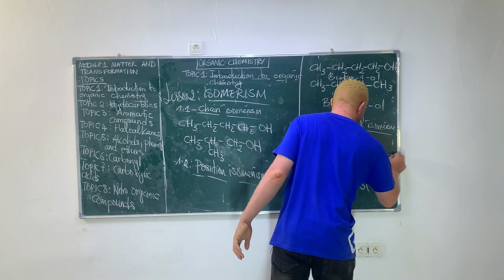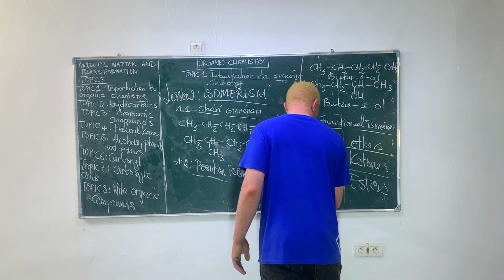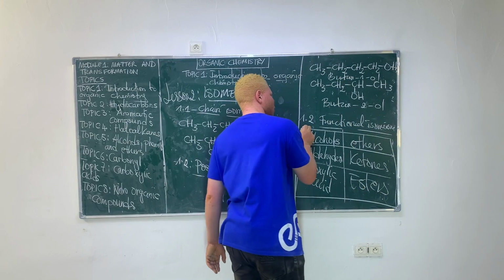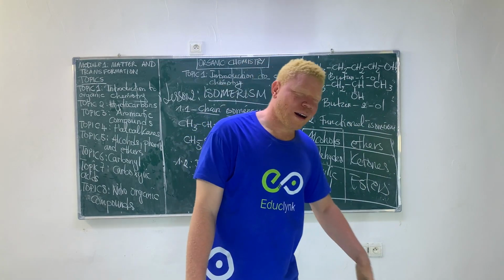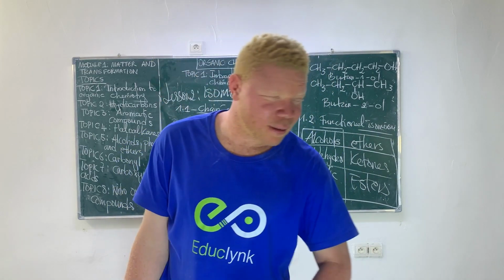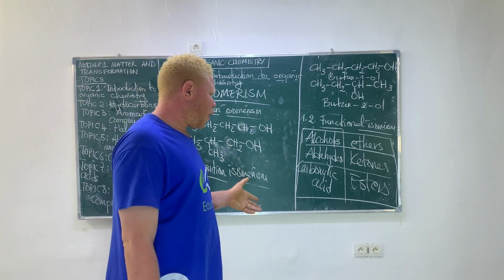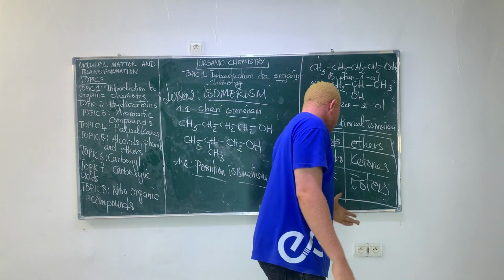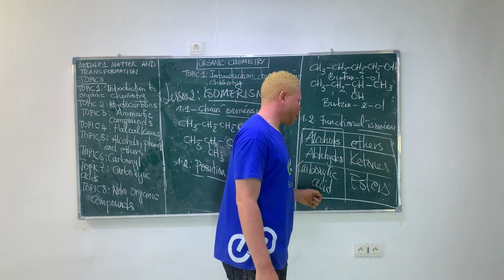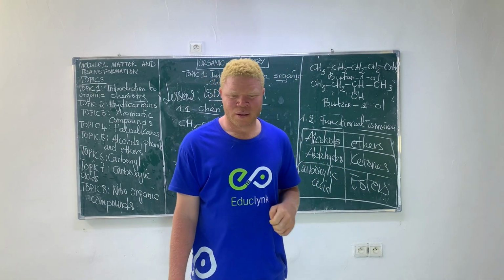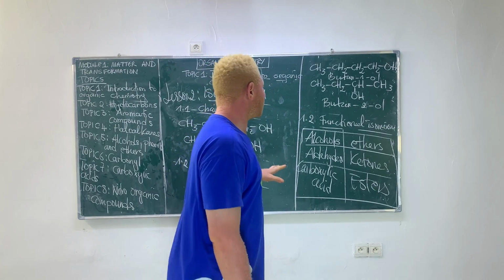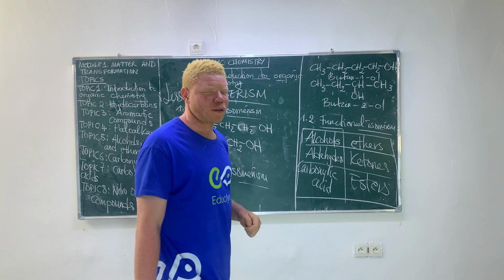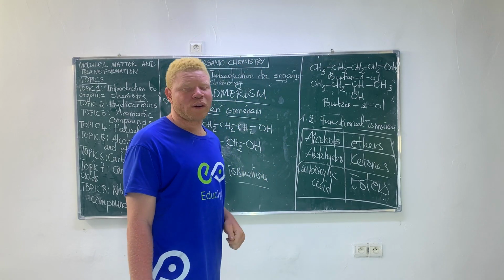So you have to keep this clearly in your head. Alcohols, isomers of ethers. Aldehydes, isomers of ketones. Carboxylic acids, isomers of esters. So I'm going to make use of the alcohol functional group.